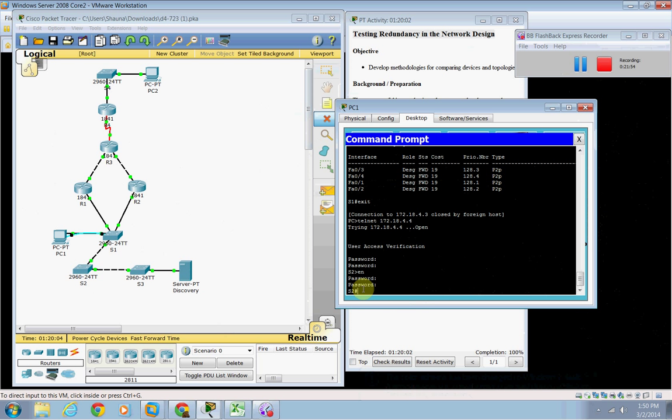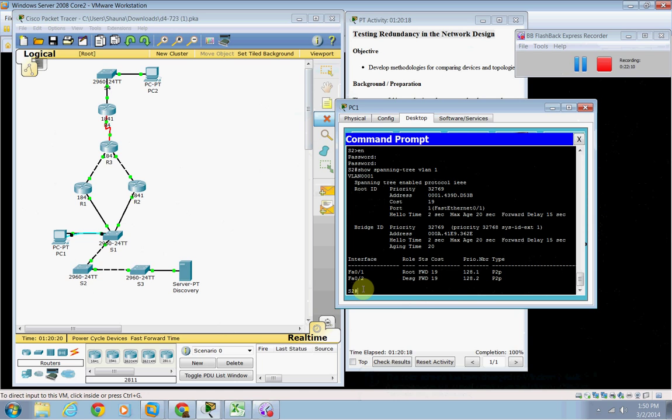And we're going to run that same command. So this one's only running on 2 interfaces. One has the root role, one has the designated role.